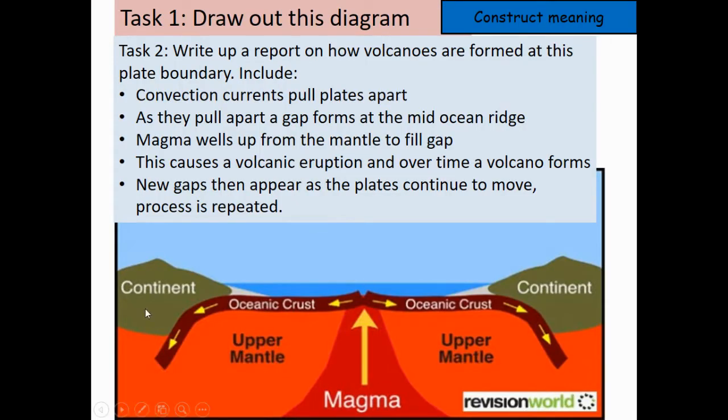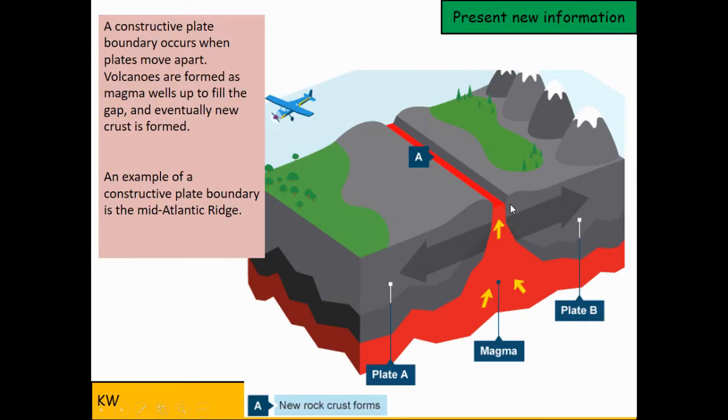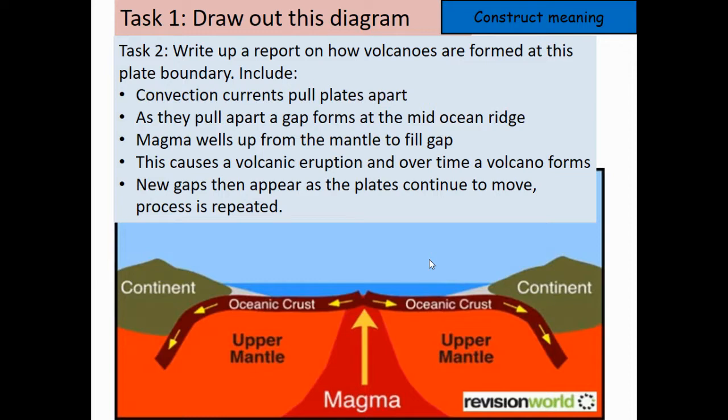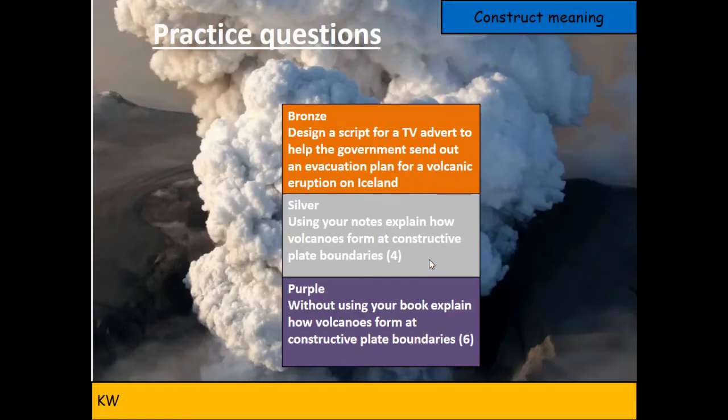Because obviously here, where you've got that gap, magma's going to erupt out and it's going to eventually form a lip or a ridge, and then that will then form your volcano. So have a go at this question here, silver or purple, so either a 4 or a 6 marker. Pause the screen, have a go at answering those, and then we will move on to destructive plate boundaries.